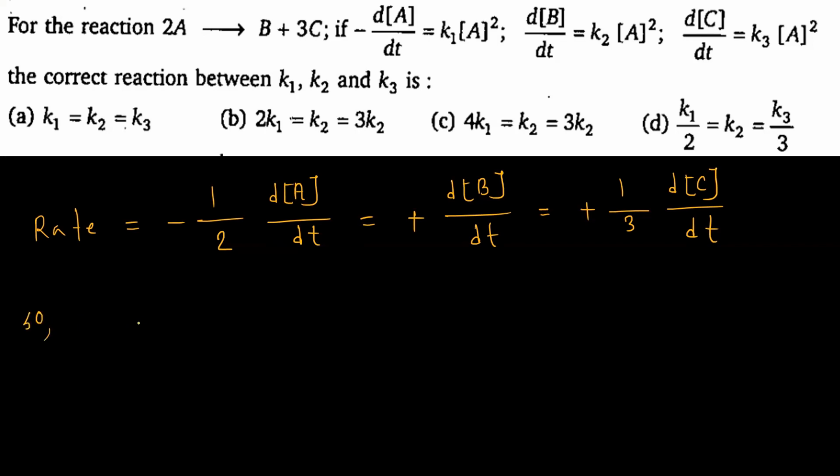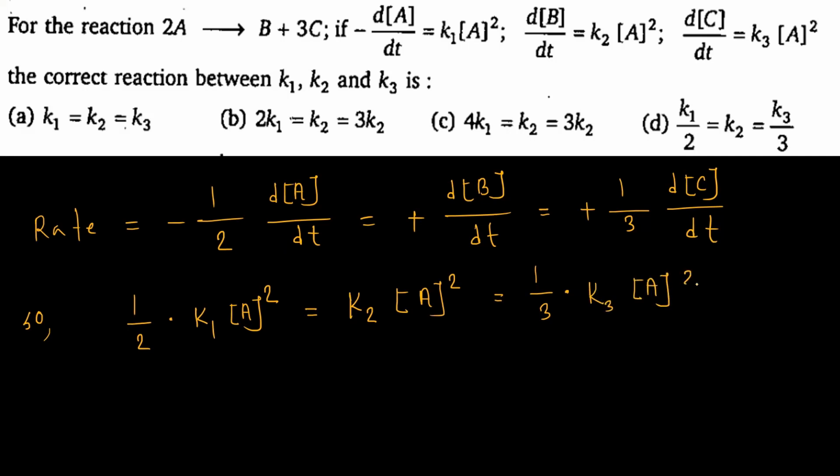So we can write half K1 concentration of A power 2 is equal to K2 concentration of A power 2 is equal to 1/3 K3 concentration of A power 2.